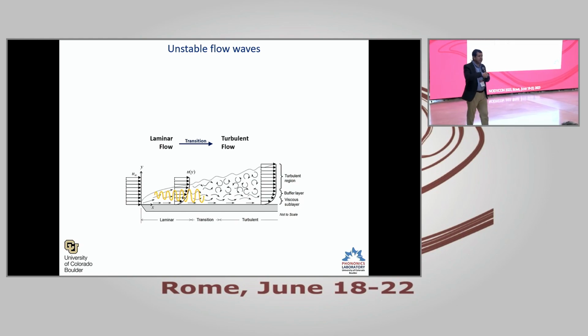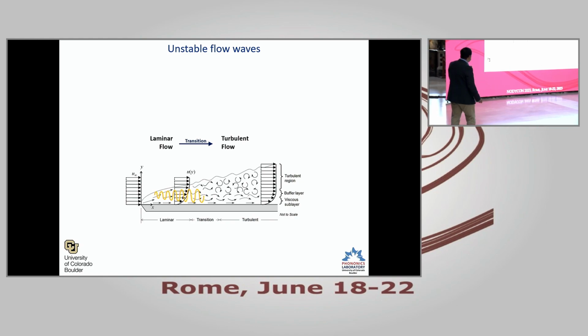And that instability is, in fact, a linear wave that has a phase, a frequency, and a wave number. And among several paths to transition is the growth of this instability.